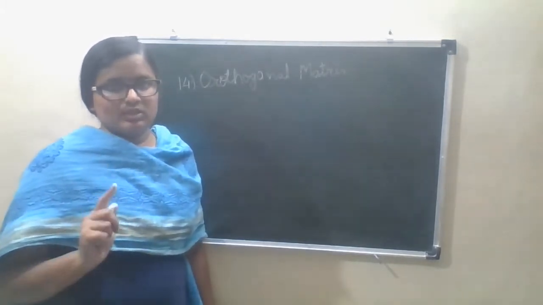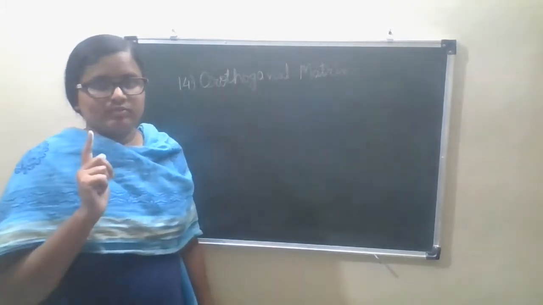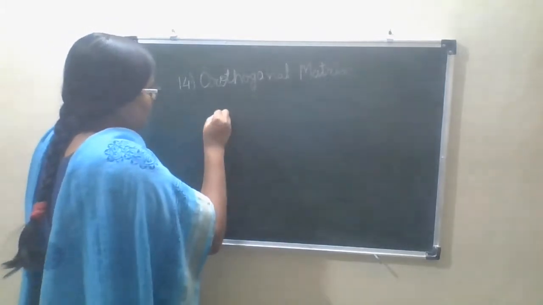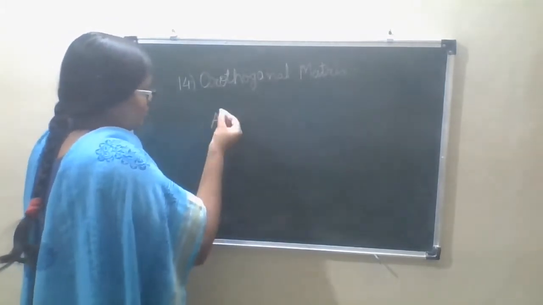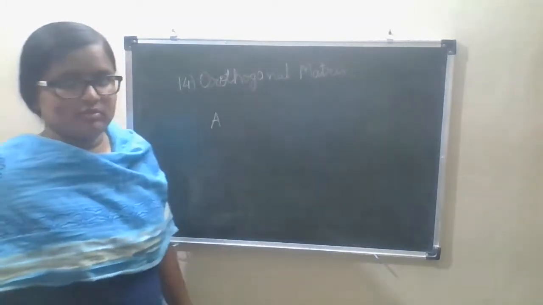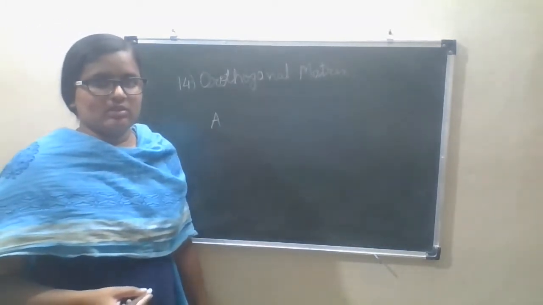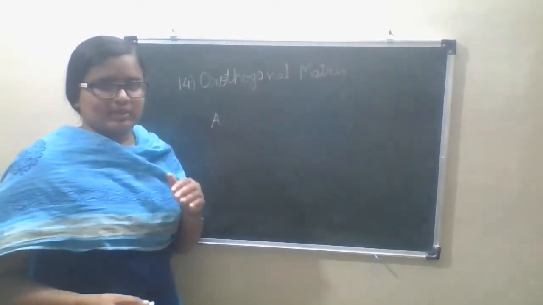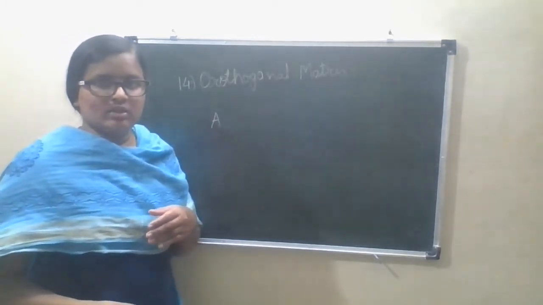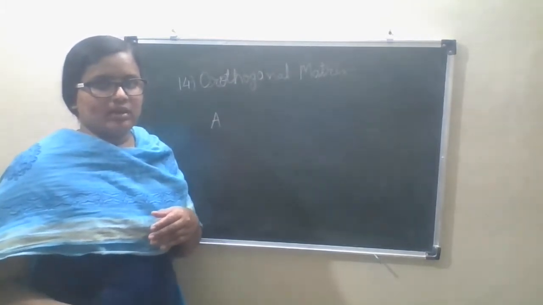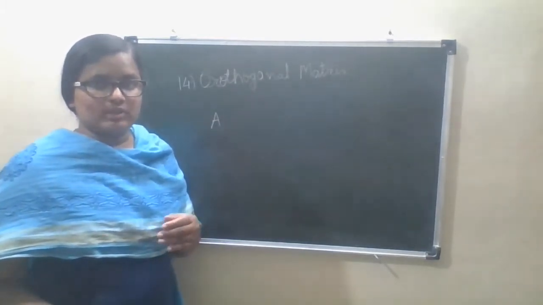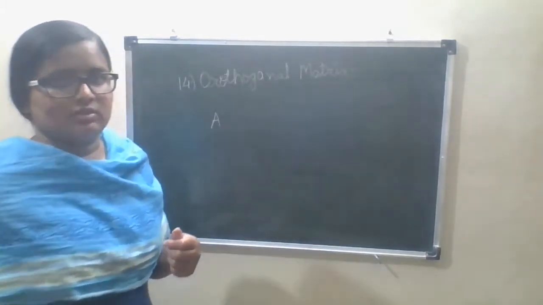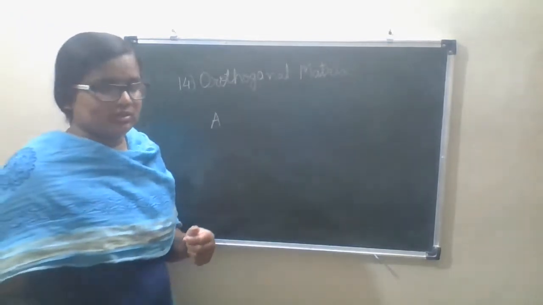Suppose consider one matrix having elements, and I have to show that it is an orthogonal matrix.